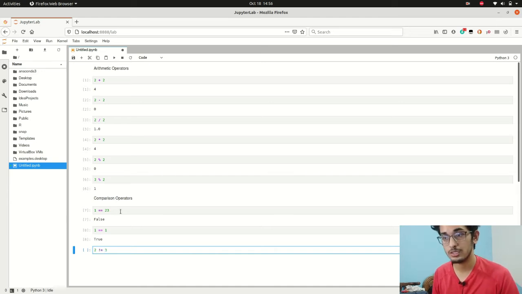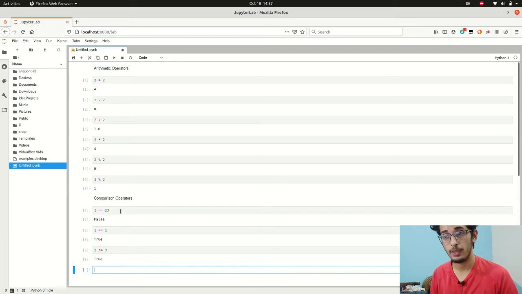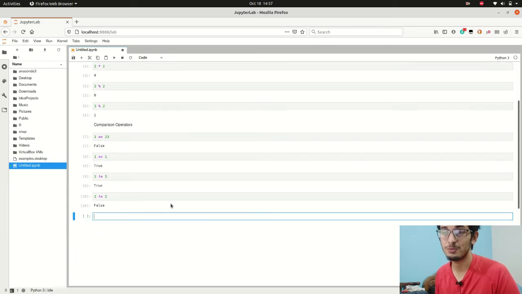This is the not equals operator, the exclamation sign followed by equals. What this is going to give us is true. Why? Because yes, 2 is not equal to 3. It's simple, right? But 2 is not equal to 2? Yes, it's false, because 2 is equal to 2.